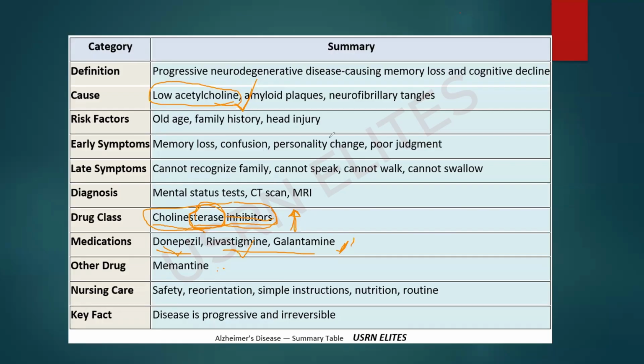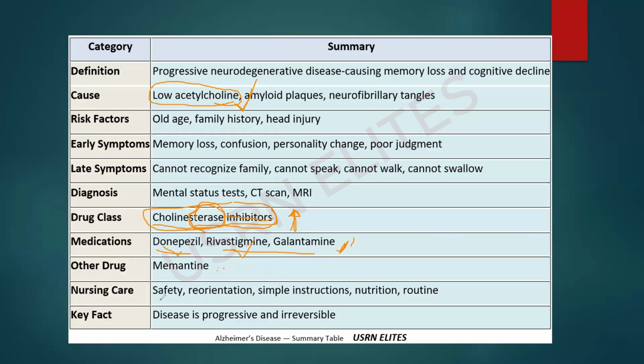Looking at amyloid plaques and neurofibrillary tangles, which cause structural changes within the nerve cells, memantine can help preserve the nerve function and the structural changes. So that is why memantine is another drug that helps in solving Alzheimer's issues.